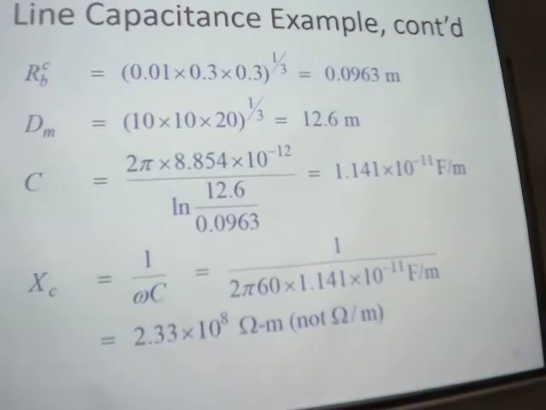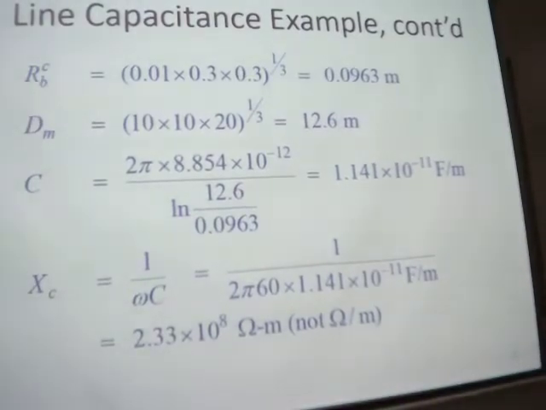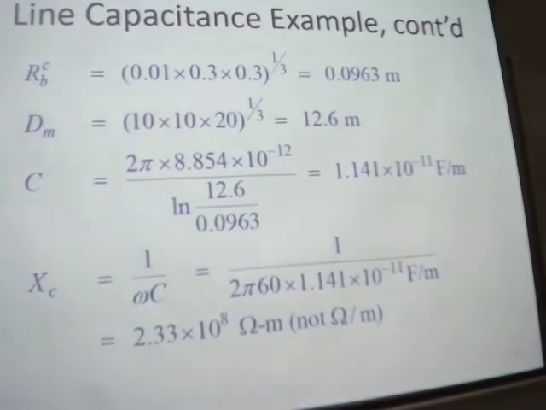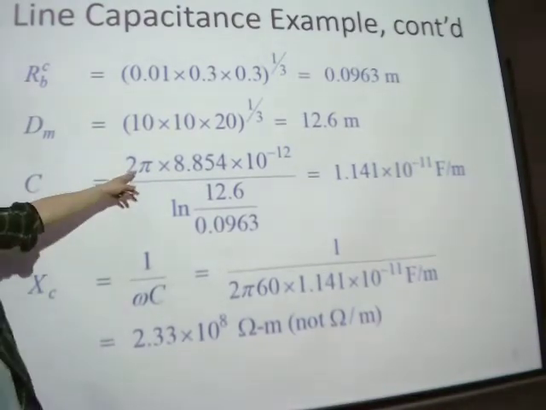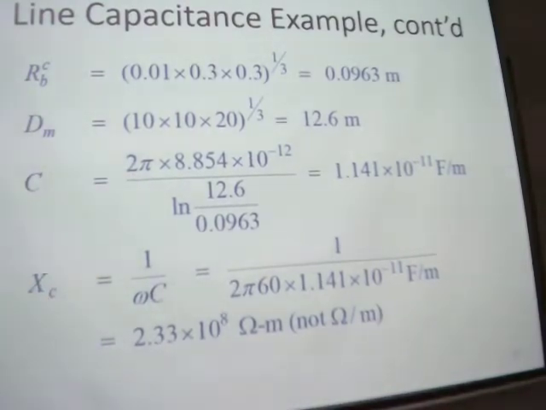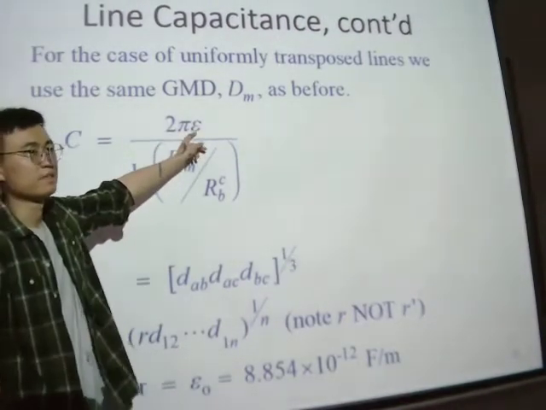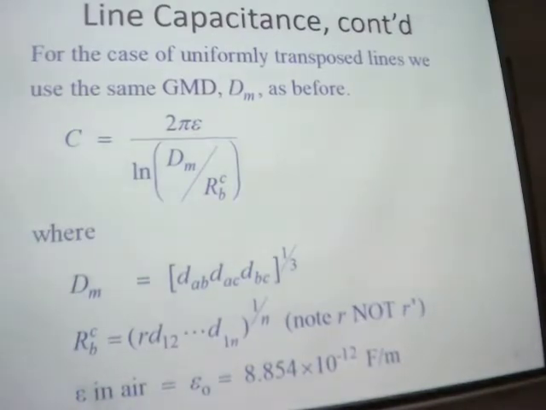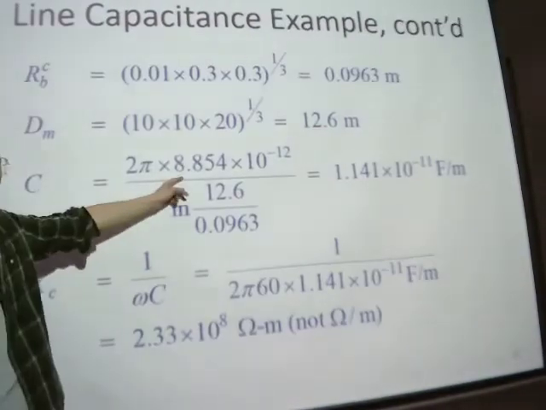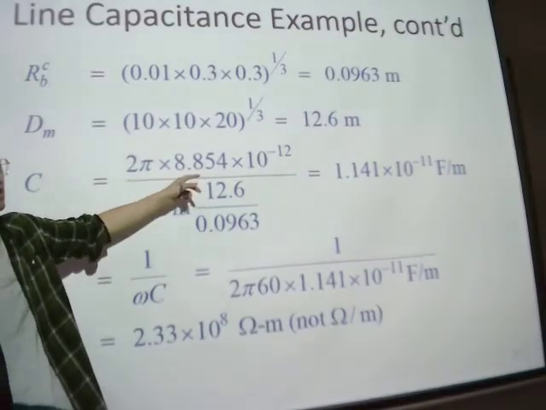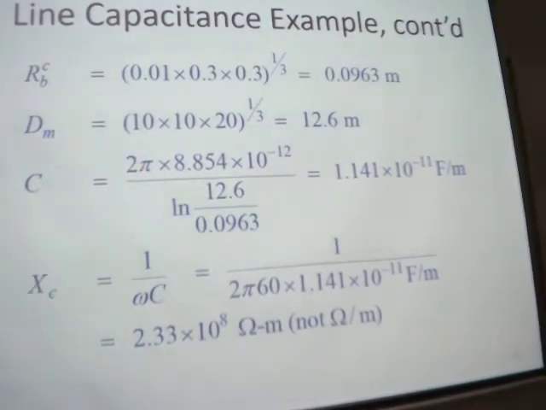And 2 pi times epsilon, the permittivity of free space, is 8.85 times 10 to the minus 12. We also assume the relative permittivity is equal to 1. If there are questions in the homework or examinations, I will present you these parameters. You do not need to research them.